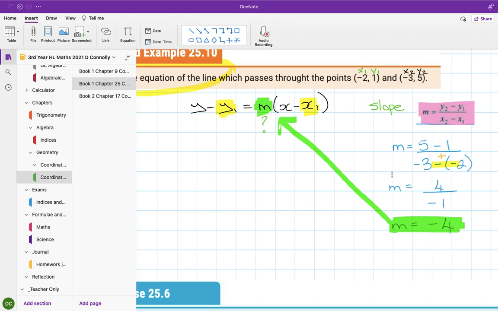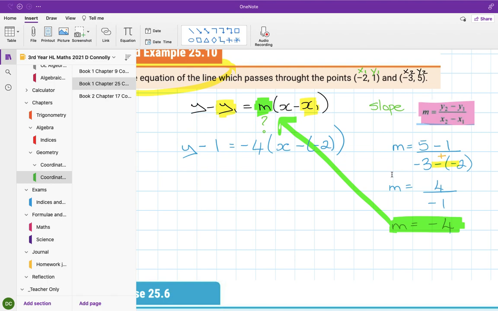The y remains, the minus is in the formula, y1 is 1, the equals, the slope I can pop in now is minus 4, brackets, the x stays, the minus is in the formula, and then x1 is another minus 2.